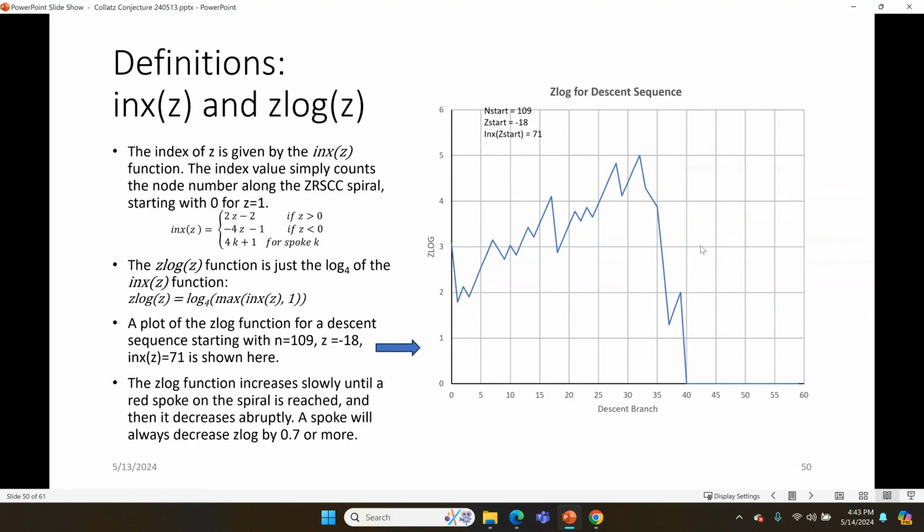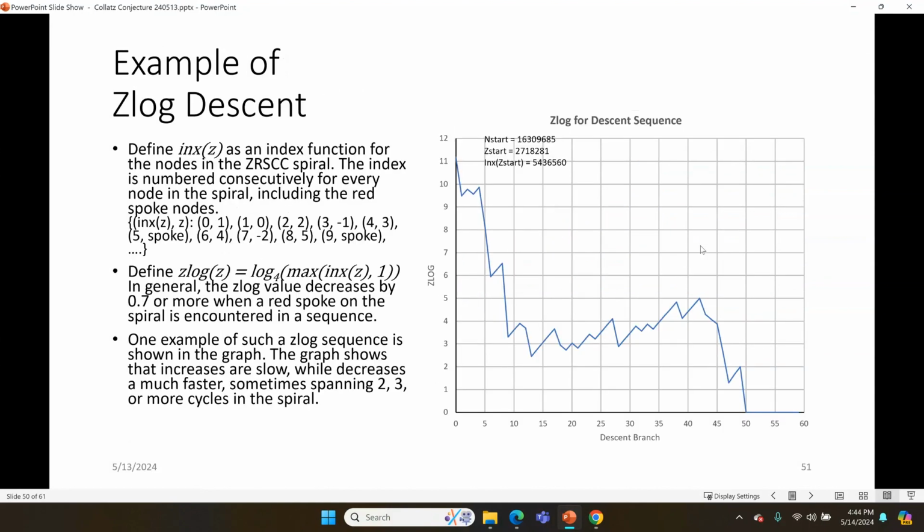This is another descent sequence. This is for a larger z start value of 2,718,281. I chose that value because it gives you a descent sequence that lasts for 50 clicks. So you can see initially it starts at an index value of 5,436,560, and that's up at the z-log value of about 11.